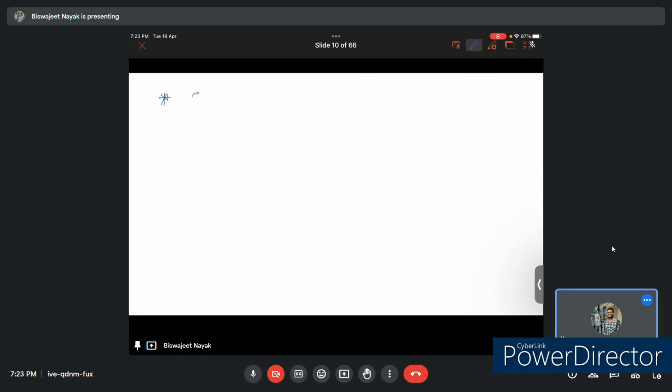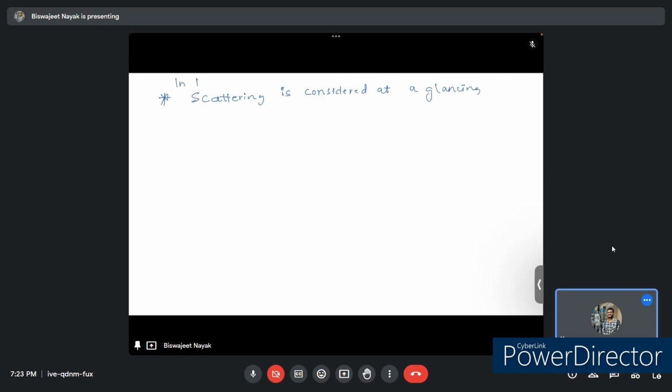So while considering Bragg's law, scattering is considered at a glancing angle, and this is its limitation, where the beam exits the same surface as it enters. So it's not basically transmission.